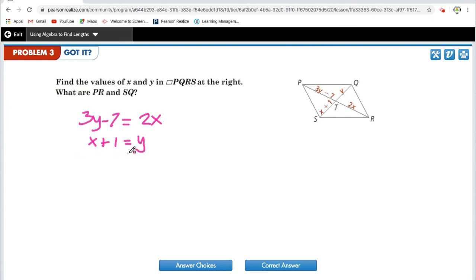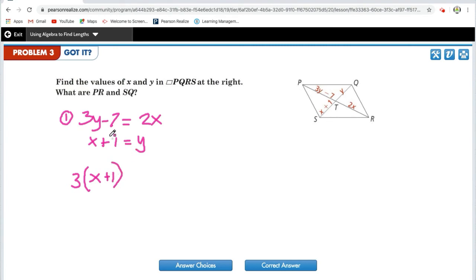In this case, since the value of y is written as x plus 1, it's easy to use the process of substitution. Using our first equation, we are going to substitute for the value of y. Instead of writing 3y, since y is equal to x plus 1, we are going to write it in place of y.